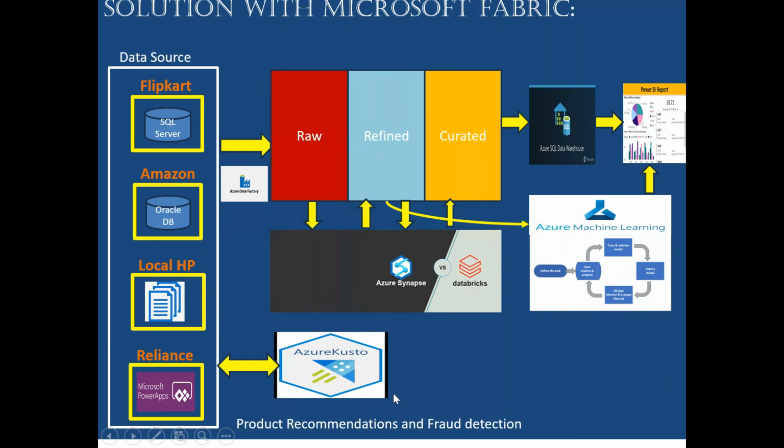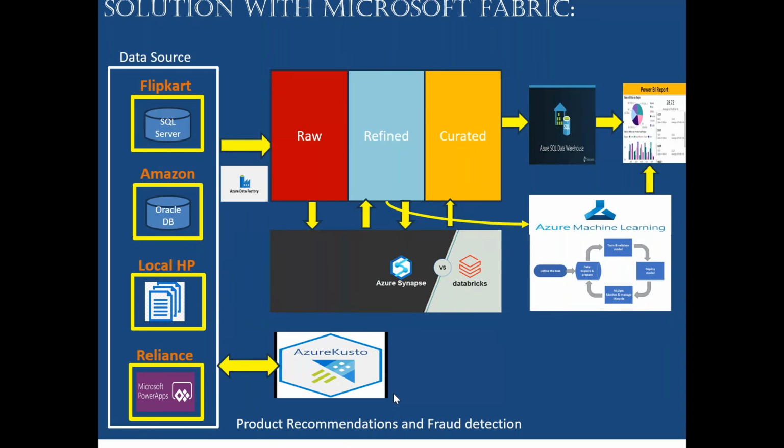Next, from the stores, there is some information. I want to do product recommendation and fraud detection. So some of the data I'm processing in real time. For product recommendation, when somebody clicks on something, I understand what he is looking for, and I want to show all the relevant product recommendations.